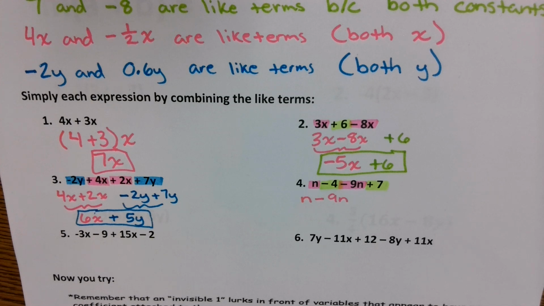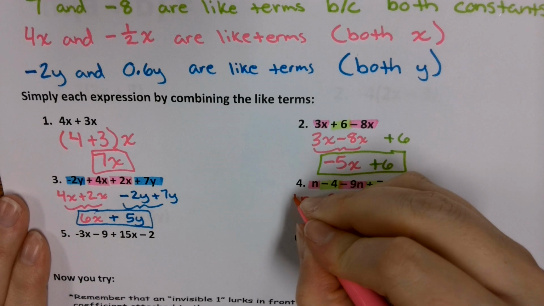If the variable is written isolated and it does not have anything written there, then what is its invisible coefficient? A 1. It does not matter. If it is a variable, it has a coefficient. Variables always have coefficients. So if you don't see one written, then that means it has an invisible 1.